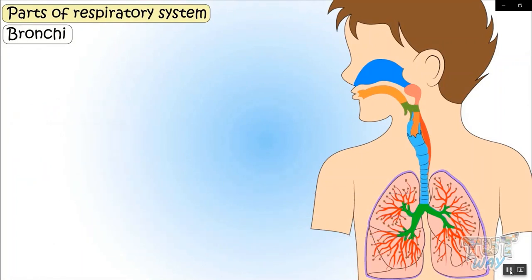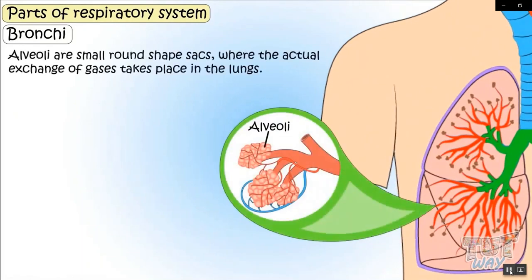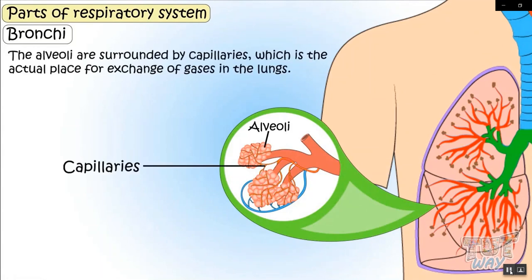And they end in very small structures called alveoli, which are small round-shaped sacs, where the actual exchange of gases takes place in the lungs. These alveoli are surrounded by capillaries.